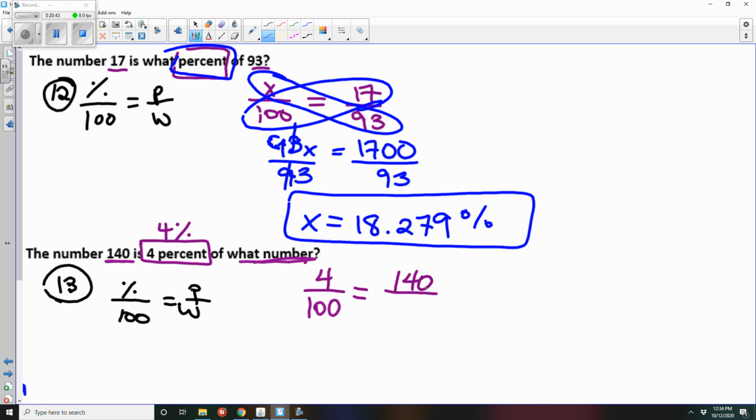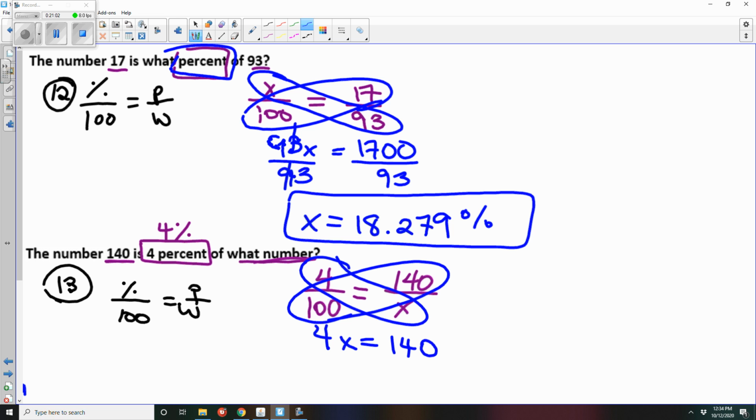So 140 goes on top, which means we're looking for the whole number. Anytime it says something like "of what number," it will be on the bottom. And now we cross multiply, so 4 times x. And now 100 times 140 is 14,000.